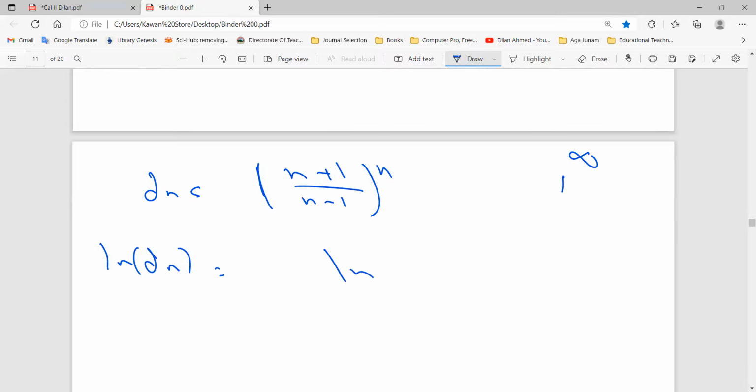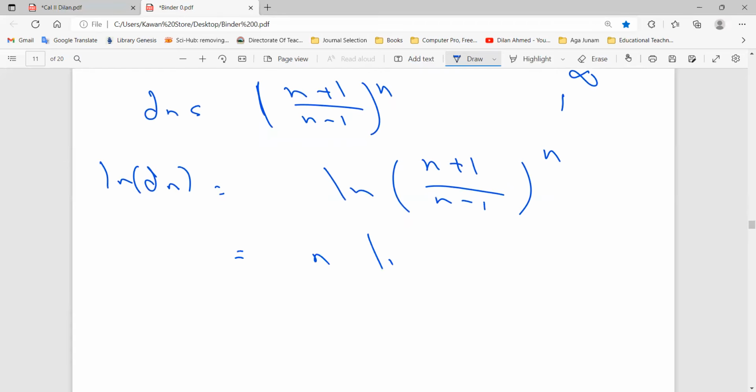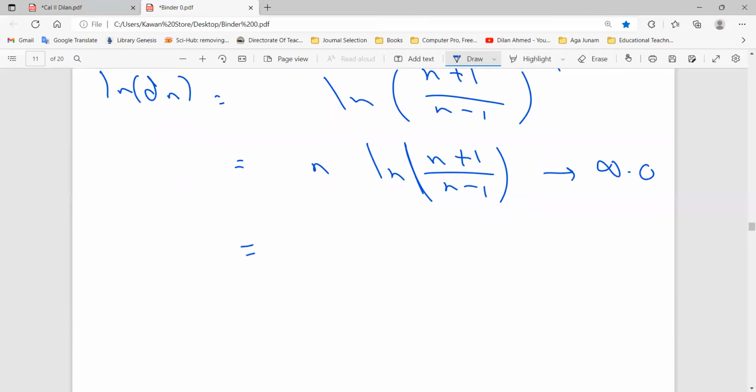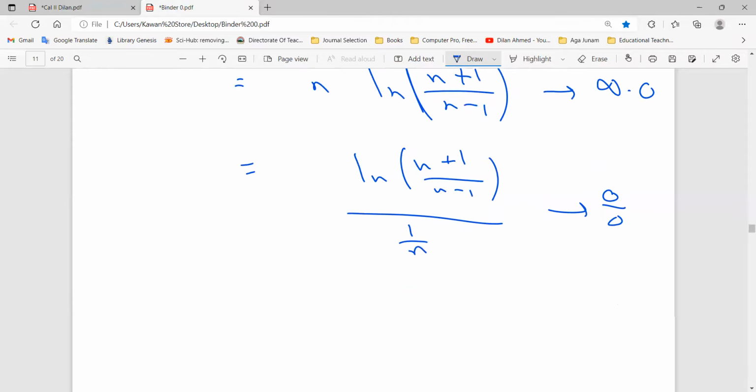It will be ln of this, and will give me n ln ((n plus 1) over (n minus 1)), with the type infinity times 0. Then we change that one to ln ((n plus 1) over (n minus 1)) over 1 over n, with type 0 over 0.